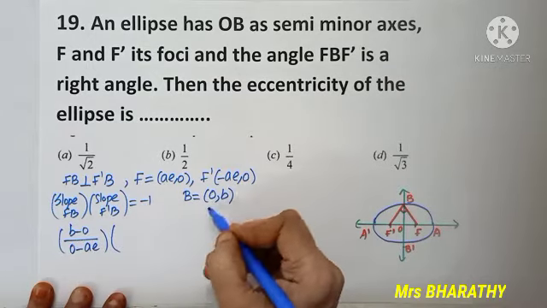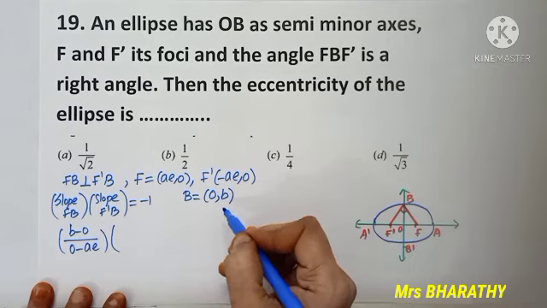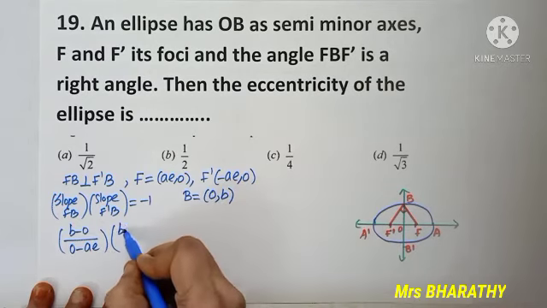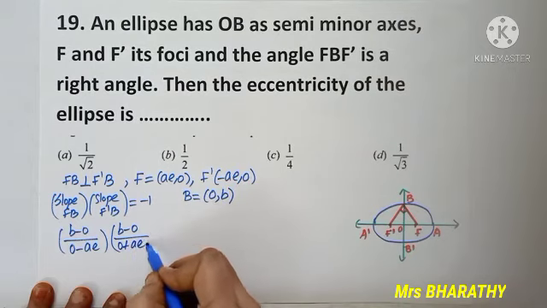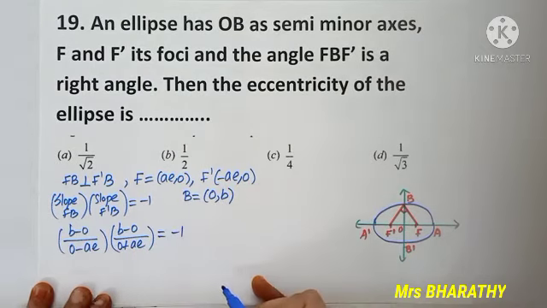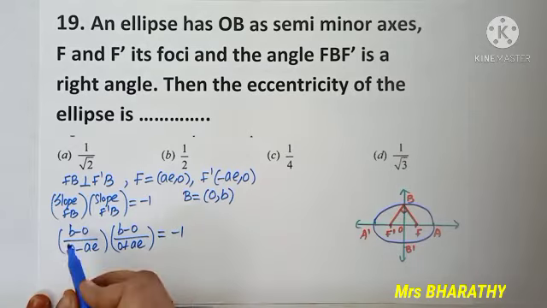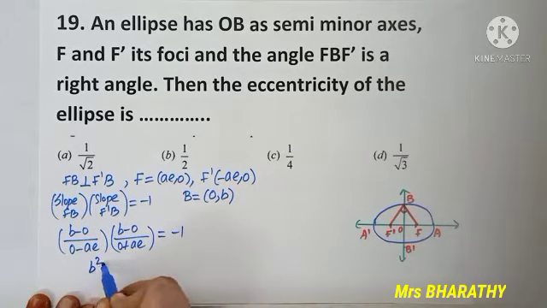Into these two, I want to find the slope. B minus 0 divided by 0 plus AE equals minus 1. As I multiply B into B, B square, minus AE into AE, A square E square, equals minus 1.